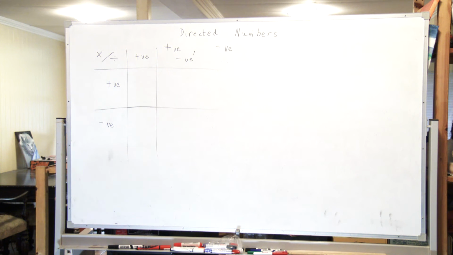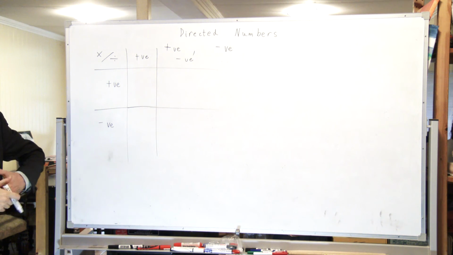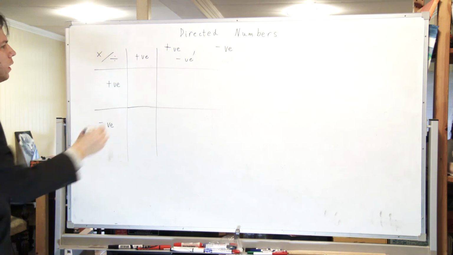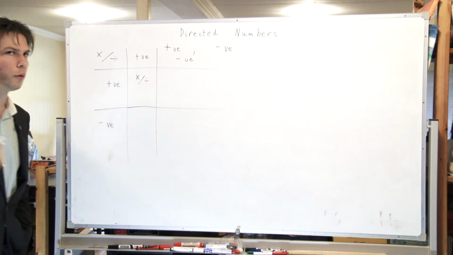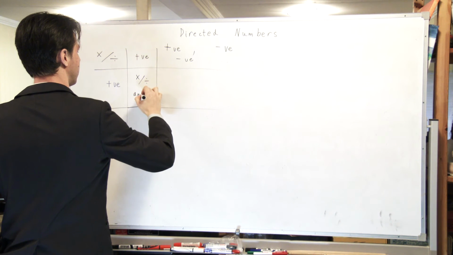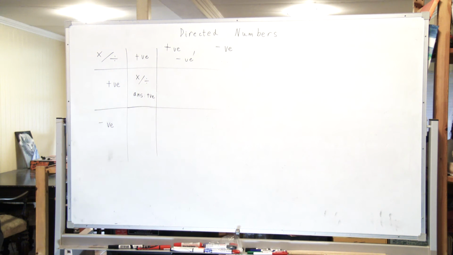Okay, now what we're going to look at is multiplying or dividing. I'm putting them together because they pretty much work the same way. Now, if I have a positive multiplying or dividing by a positive, two positives working together, then I just multiply or divide it as normal, whatever the problem is, and the answer is a positive.